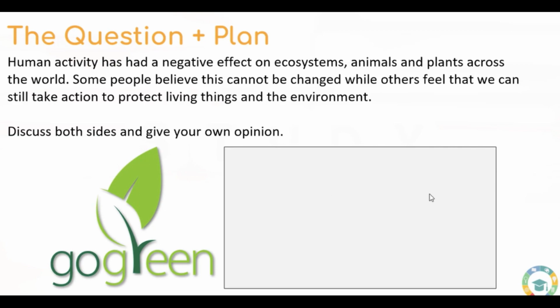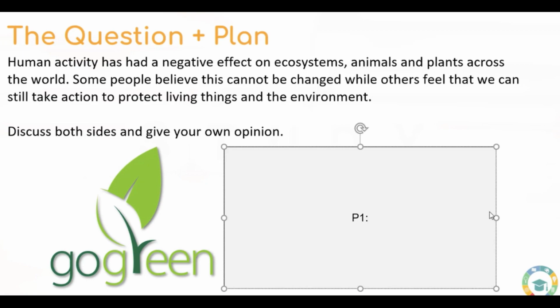In our plans for a task 2 essay, we need to include quite simply what we will write in each body paragraph and what we will write in our opinion if you've been asked to give one. So I need to discuss both sides. So paragraph 1 will be people who believe it cannot be changed. And I'm going to discuss why they might think that. I'll put 2 main points here.